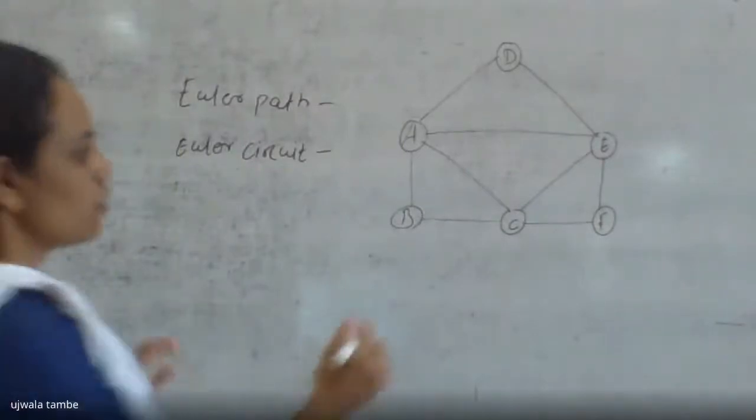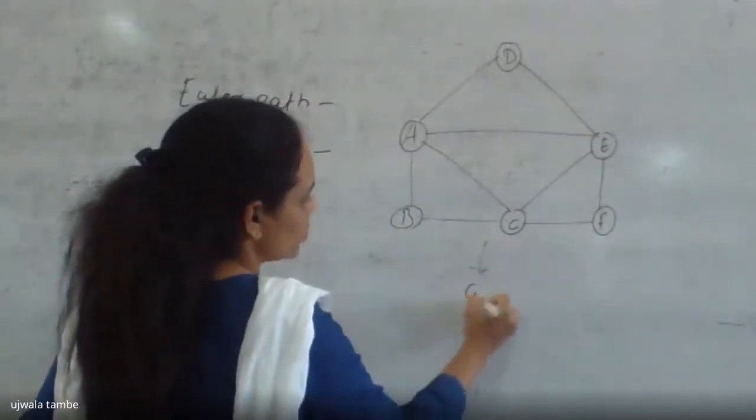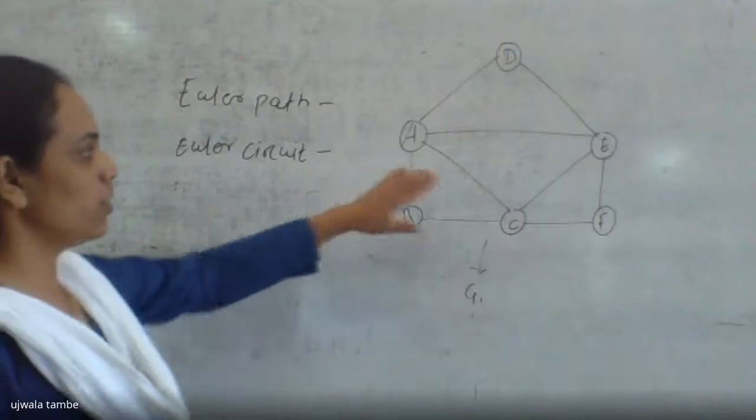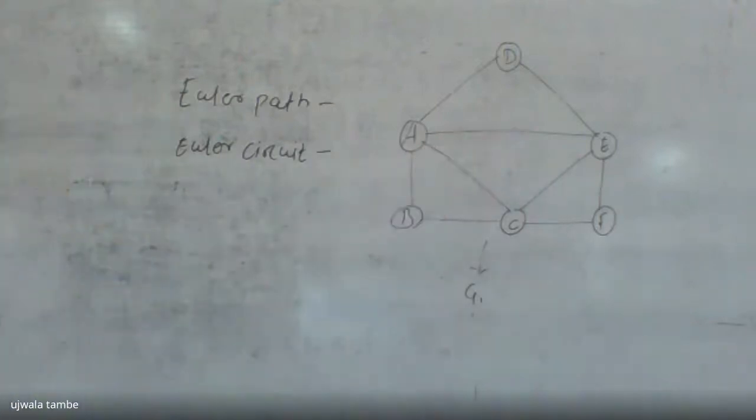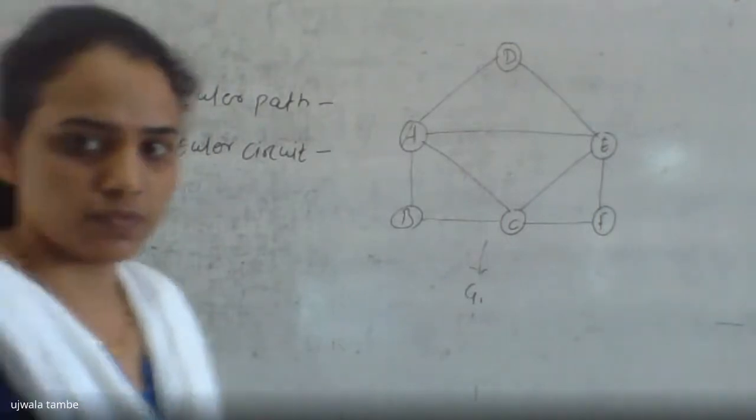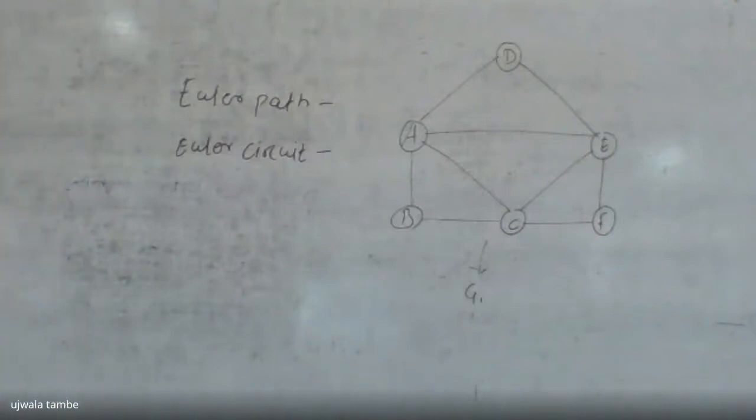Try to focus on this graph, suppose graph G1, and find the Euler path and Euler circuit for the same. Fix the vertex first. Saloni, Priyanka and Pooja have already posted the answer.